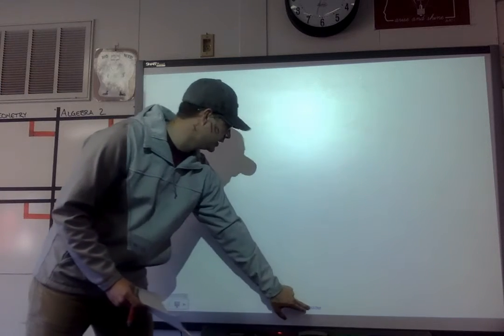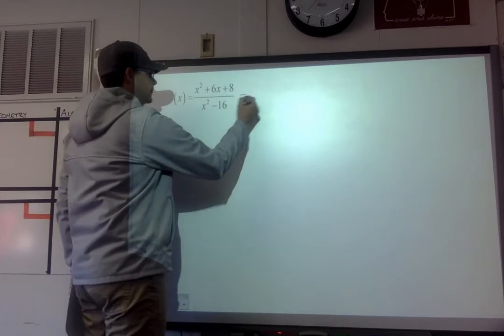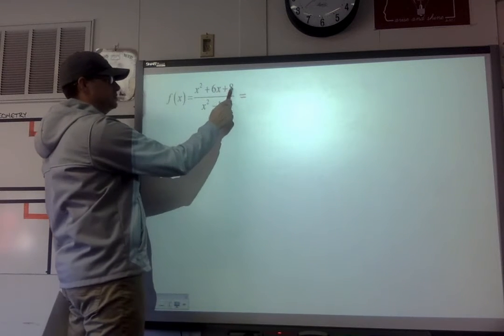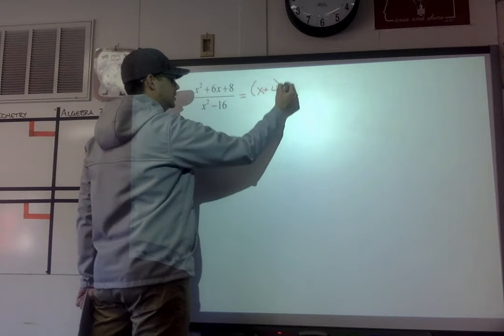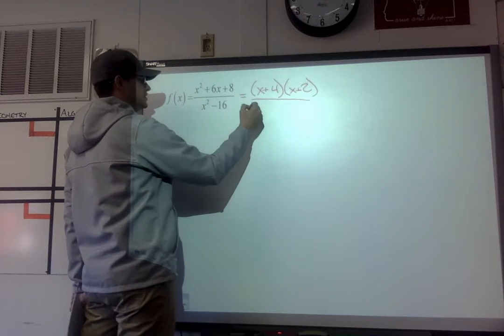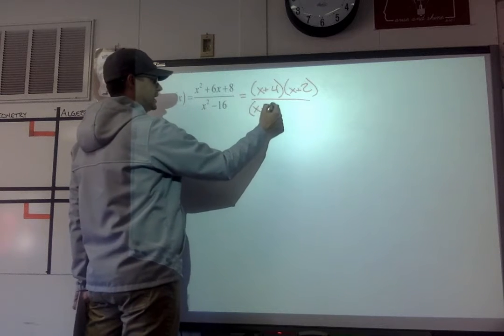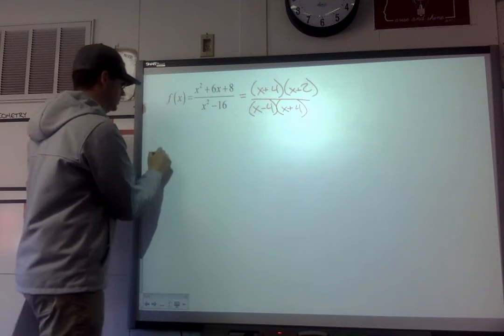Let's do one more here. This is going to become, we need two numbers that multiply to 8, add to 6. So x plus 4 and x plus 2. This is a difference of squares. It'll come out to x minus 4 times x plus 4.